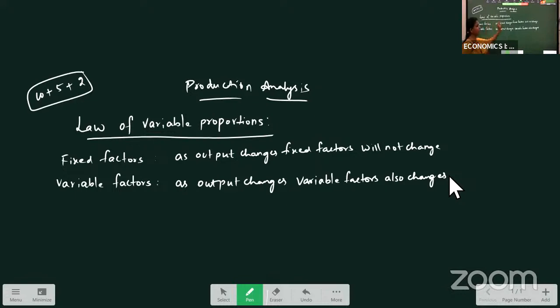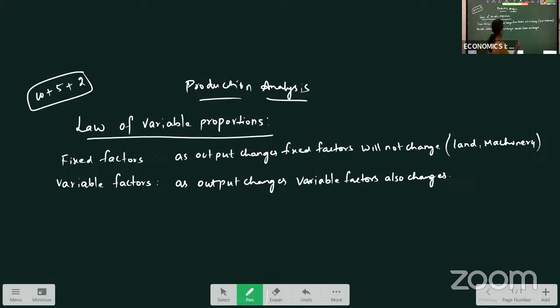Either you increase your output or decrease your output, your fixed factors will not change. What can you give as an example over here? Land, machinery. However much output you produce, your fixed factors are not going to change.